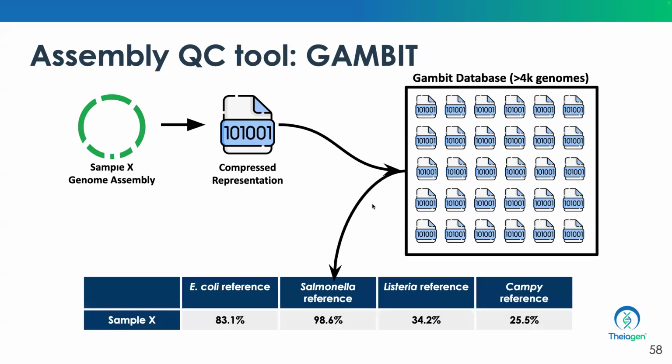And based on what is called the Gambit distance, it's able to calculate that against a known reference from this database. It should be giving you the predicted taxon from your assembly.